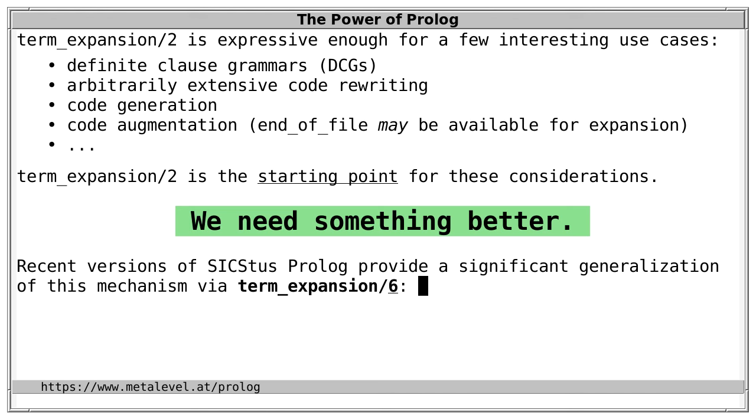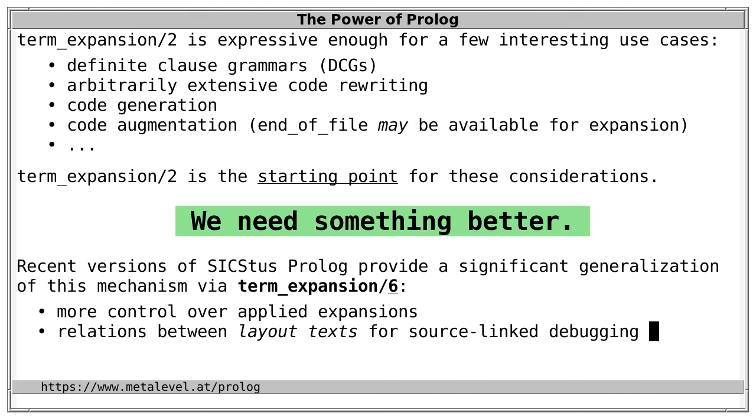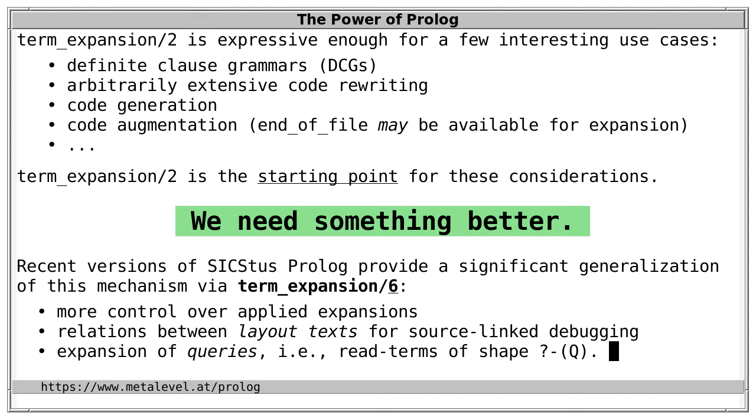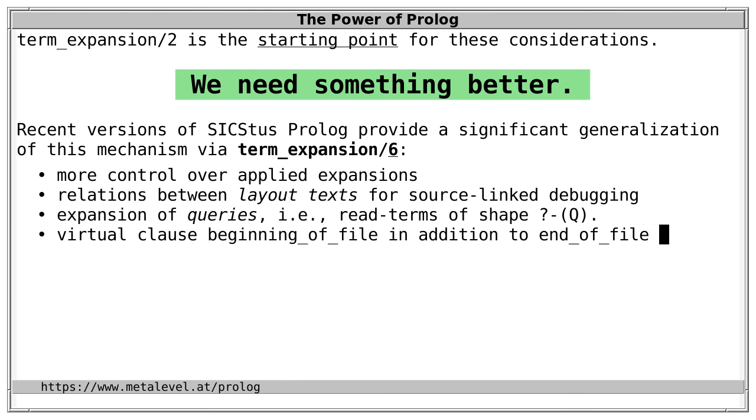The additional arguments are used to provide more control over the applied expansions and to let us reason about relations between layout texts for source-linked debugging. Further, Sicstus Prolog invokes term expansion also for queries, that is, for read terms with principal functor ?- and arity 1. And in addition to end of file, Sicstus also expands the virtual clause beginning of file.